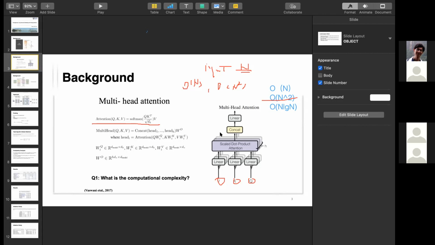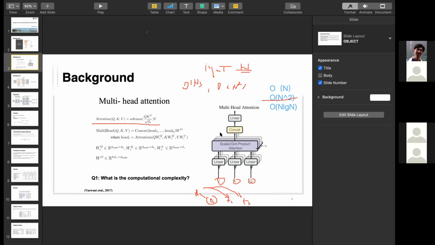Suppose we have 3 tokens, T1, T2, and T3. Each token derives Q, K, V, and the Q derived from T1 needs to interact with T2 and T3. Similarly, the Q derived from T2 needs to interact with T1 and T3. So the answer is supposed to be n squared.